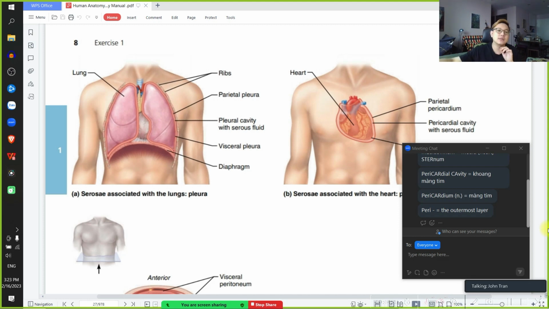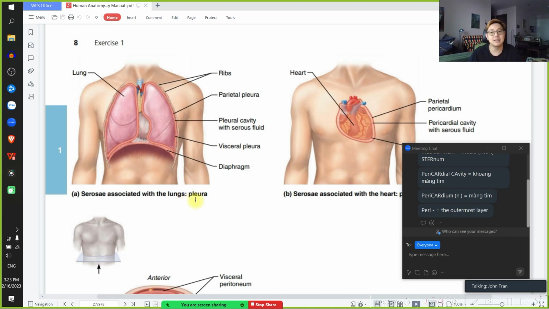Okay, now we were talking about serosa and serose, associated with the lungs, or we call it pleura. So serosa is basically the wet layers, cái màng nhầy, mà nó liên quan đến những cái lá phổi, nó gọi là một cái tên đặc biệt, nó chính là pleura.